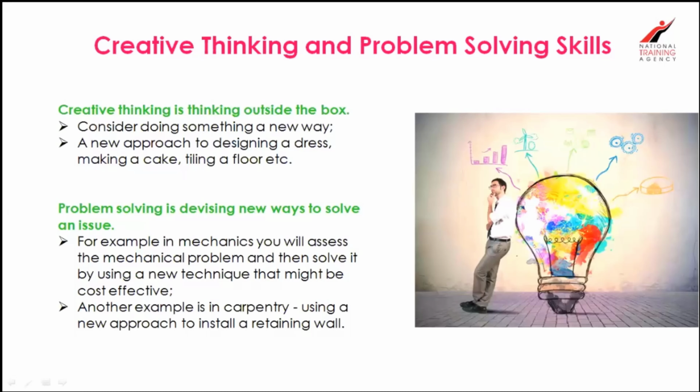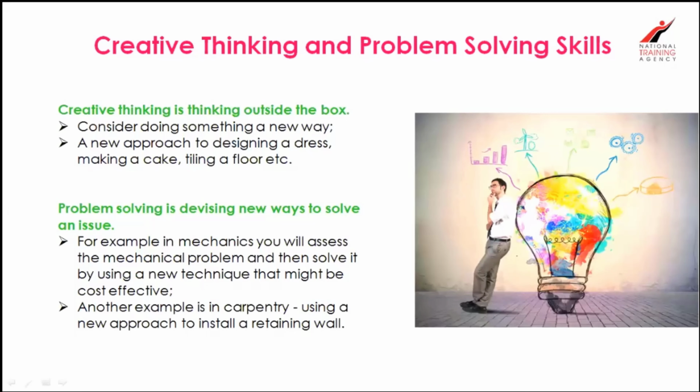And this is another way that we can think about problem solving. So it's the ability now to find different solutions for the problem, right? There's also some examples here, like in mechanics, you will assess the mechanical problem and then solve it by using a new technique that might be cost effective. All right, and another is carpentry, using a new approach to install a retaining wall.